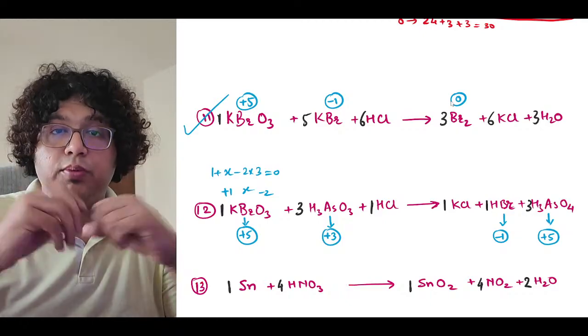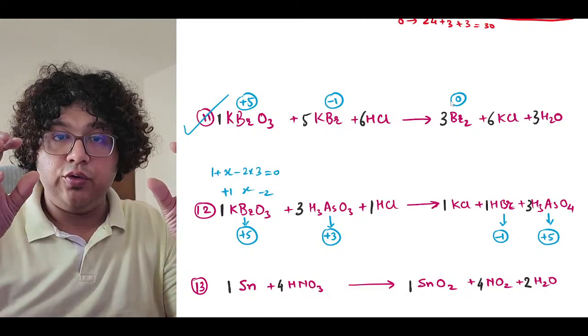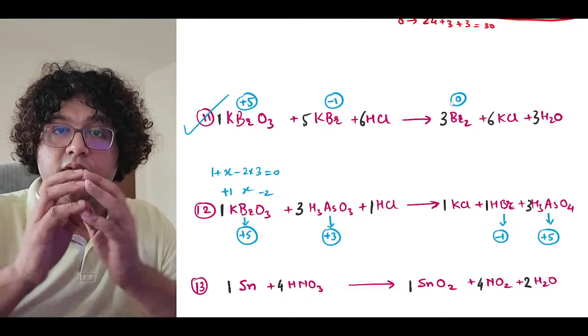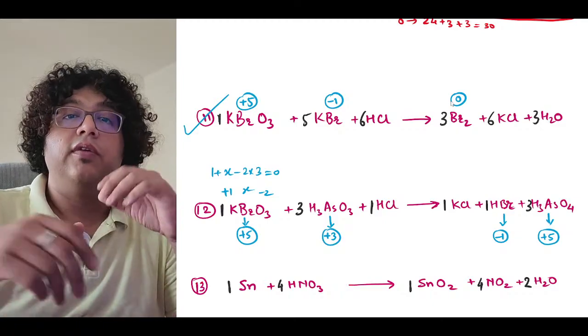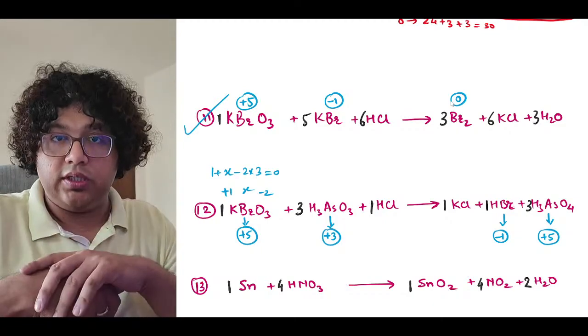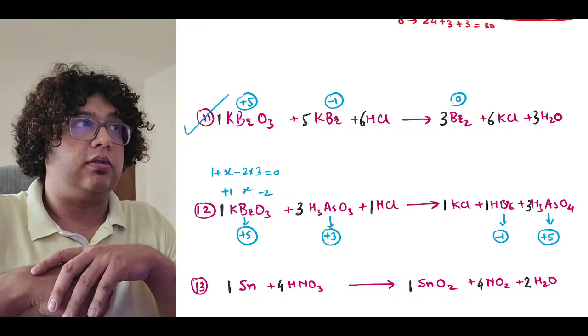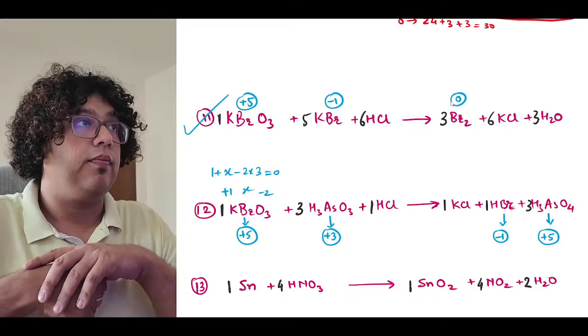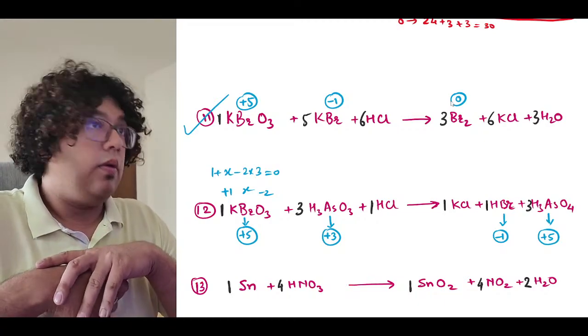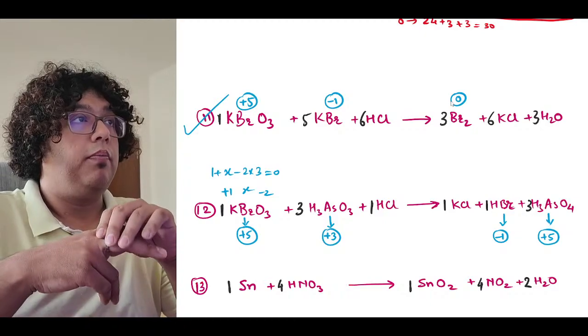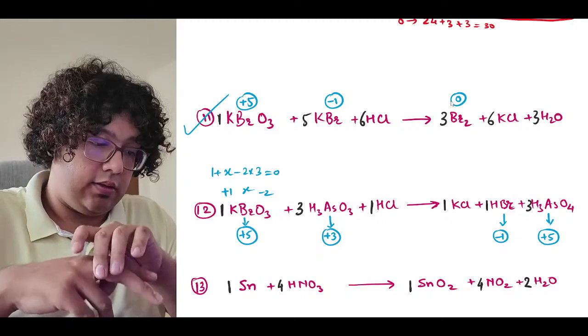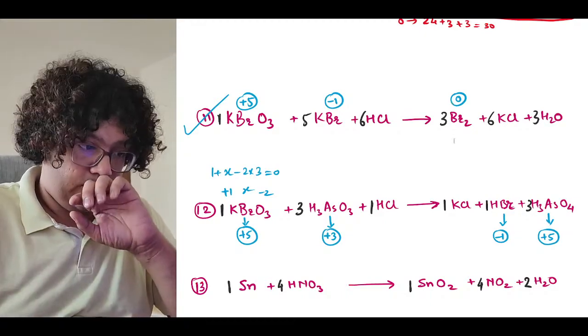But when we have two different oxidation states coming together to give only one oxidation state, we call it comproportionation. This is the opposite of disproportionation. Okay, Pranav? Perfect.